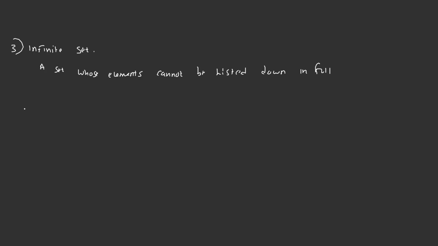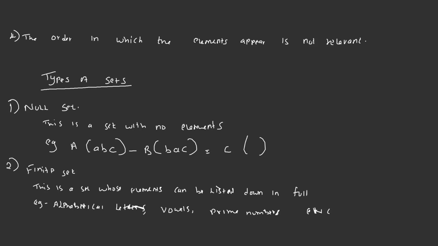For instance, we have odd numbers, even numbers, prime numbers. Actually, prime numbers cannot be listed down in full, so maybe this one is not correct. Maybe we can replace this with, say, days of the week.